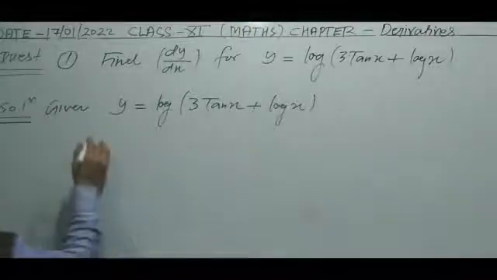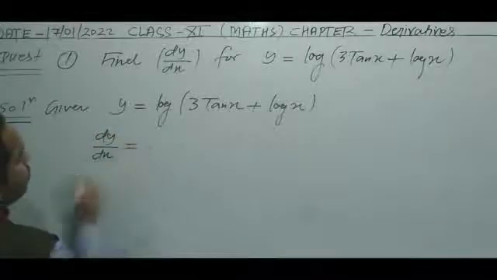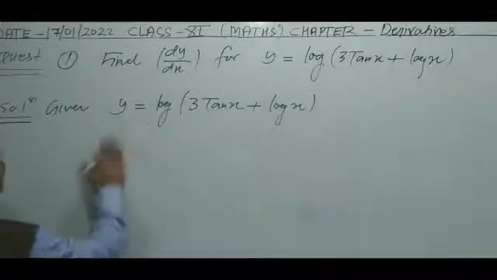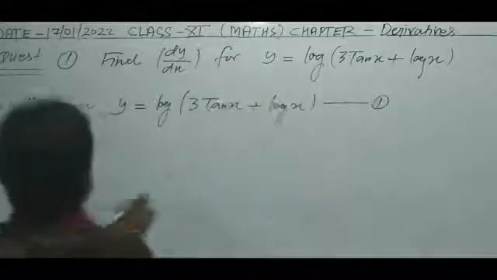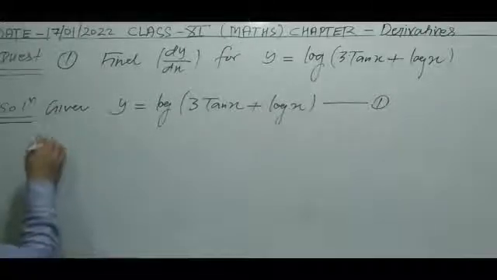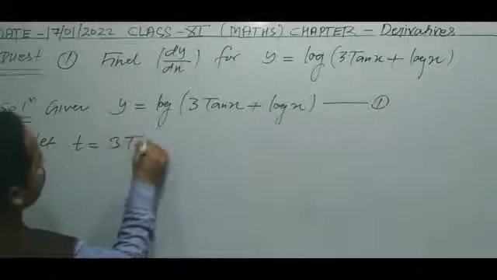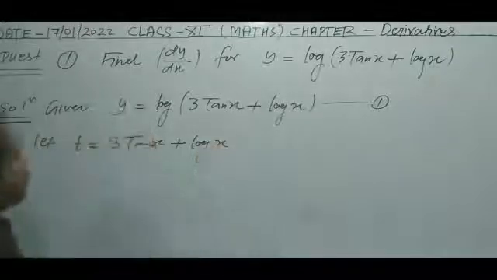So when you operate dy by dx, we have to consider in this equation, let t is equal to 3 tan x plus log of x.